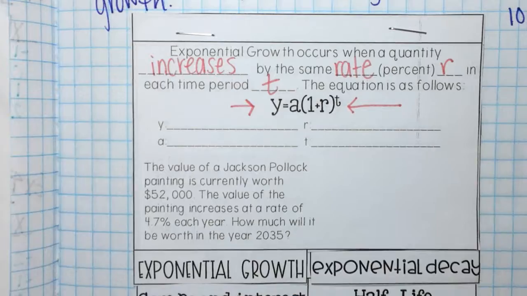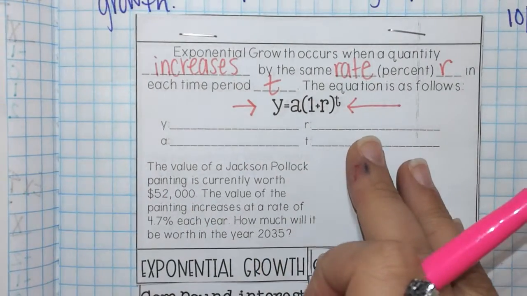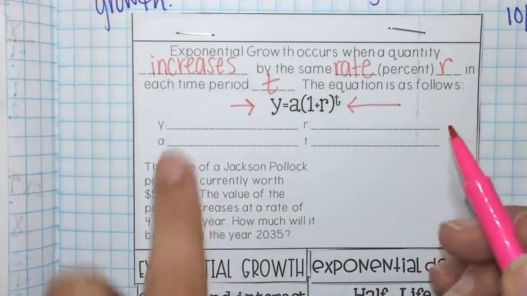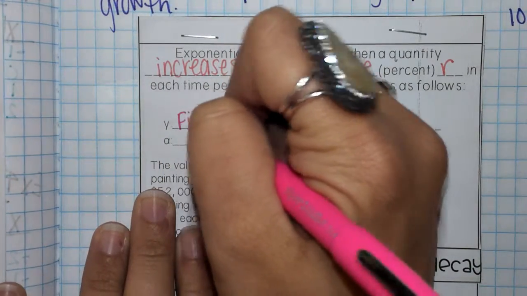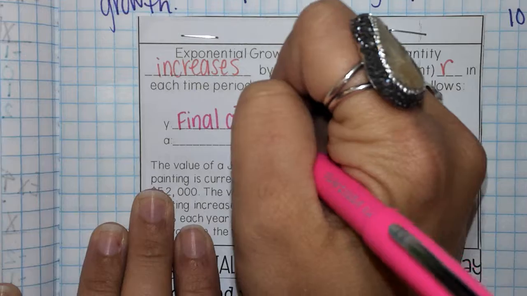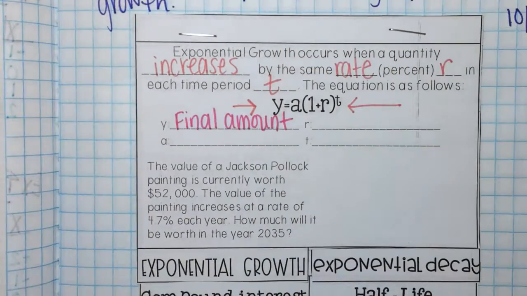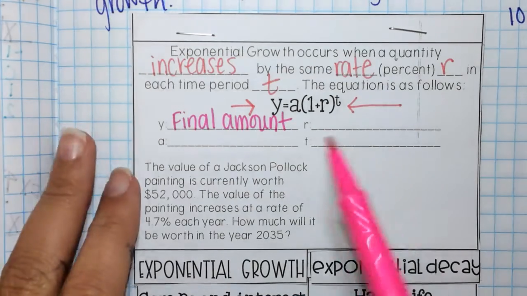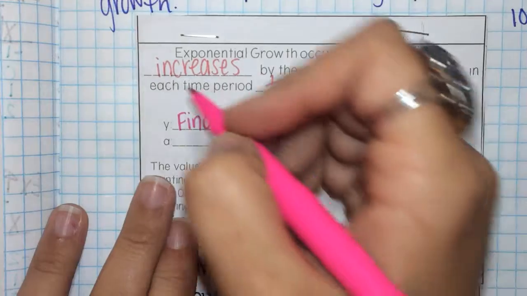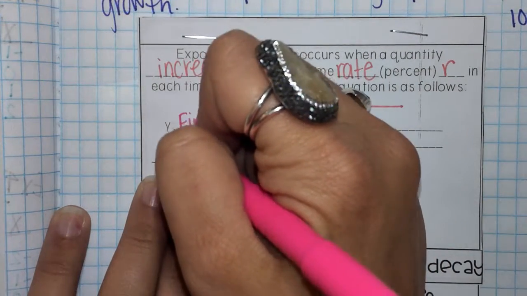Now, in this next part we're going to break down what each of these parts mean. The Y is your final amount. That's what you're looking for. The A is your starting amount.